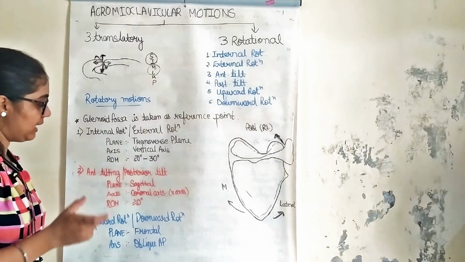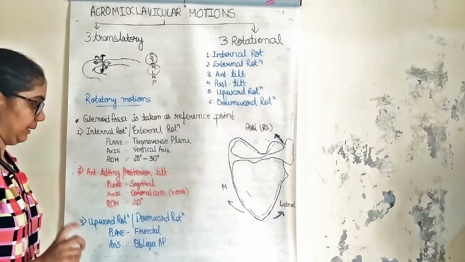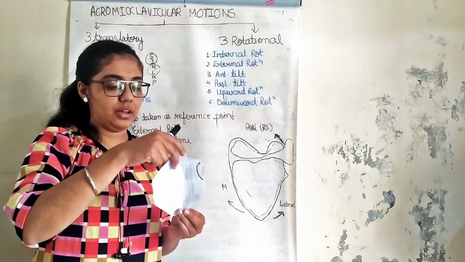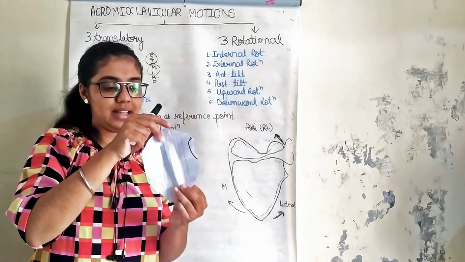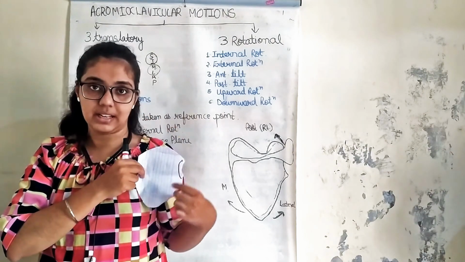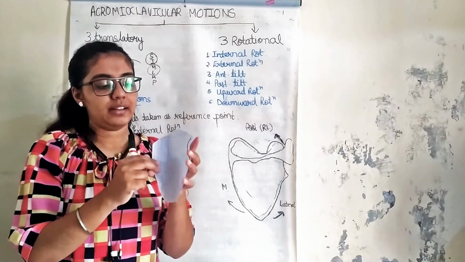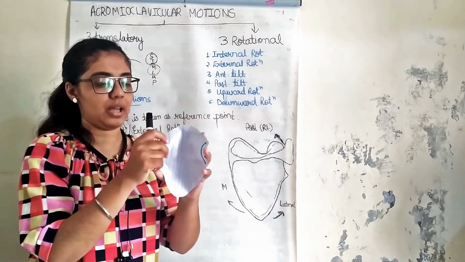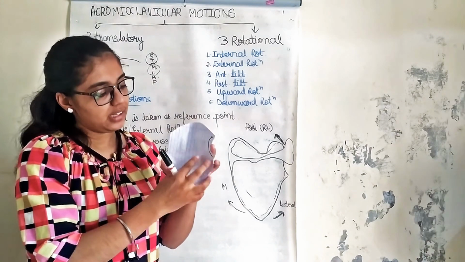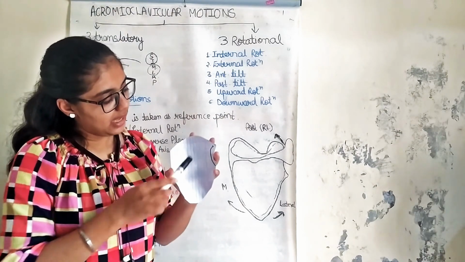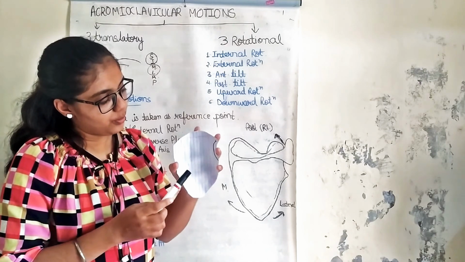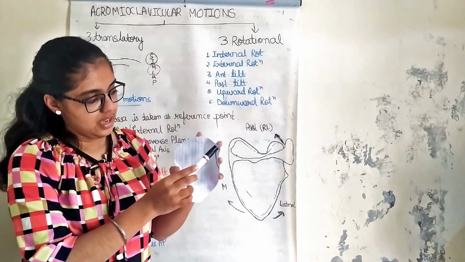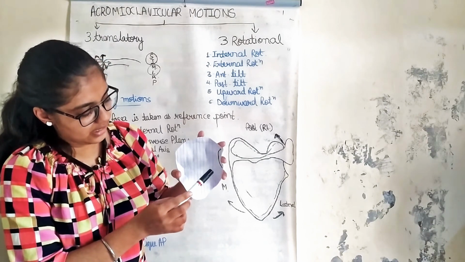Second motion is anterior tilting and posterior tilting. Suppose this is a left scapula, and this is the anterior portion and this is the posterior part of the scapula. In anterior tilting, the upper part of the scapula, or glenoid fossa, tilts anteriorly.